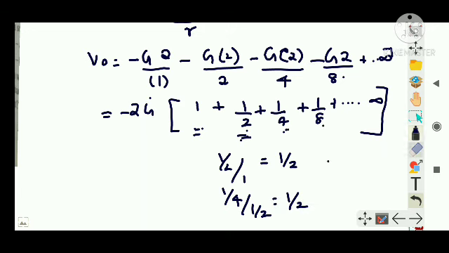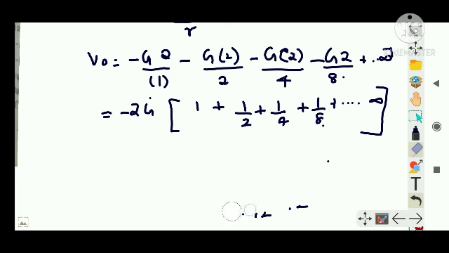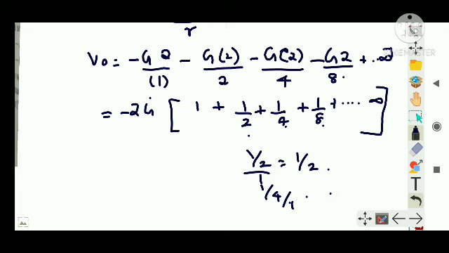So they are progressing with a common dividing factor. Each term, when you divide it by the previous number, you get the same divisor. 1 by 2 divided by 1 is 1 by 2, you get the same number. Similarly, 1 by 4 divided by 1 by 2, you get 1 by 2 itself. So this type of progression is known as geometrical progression.